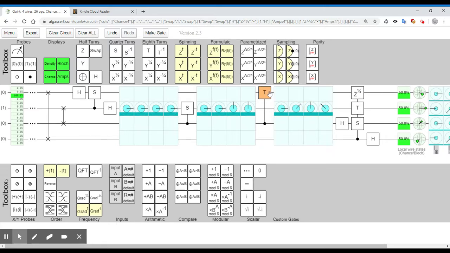So this control T should be applied where the last qubit, the one from the right, is a 1.